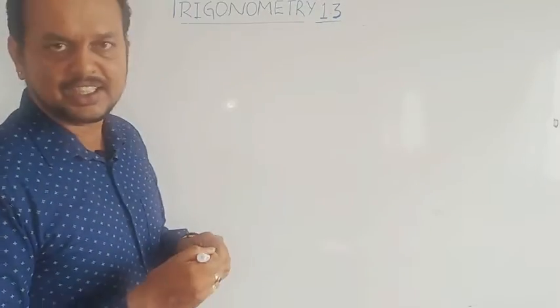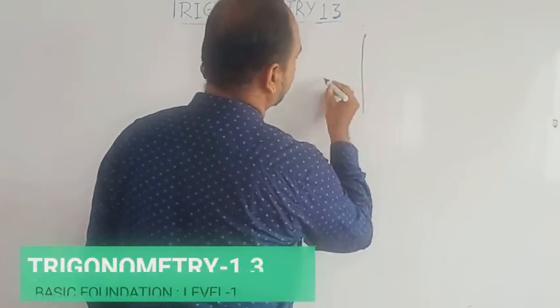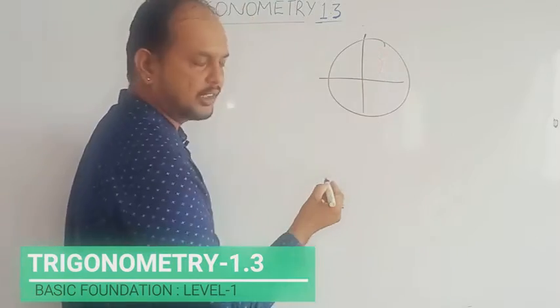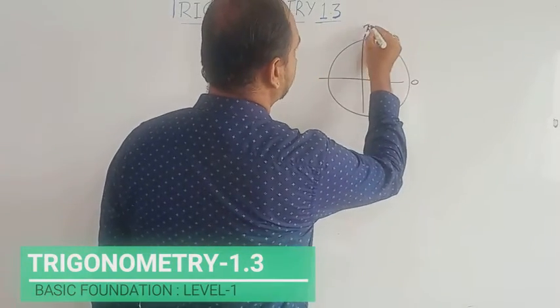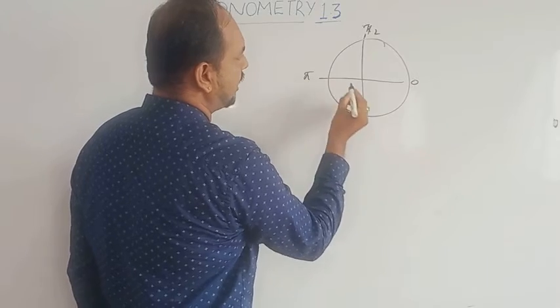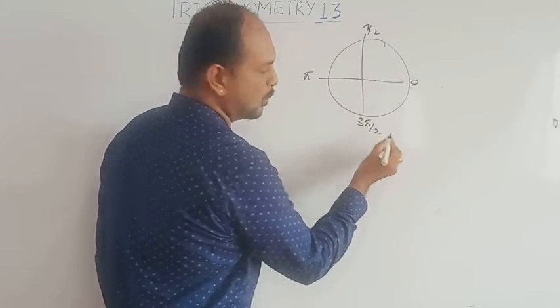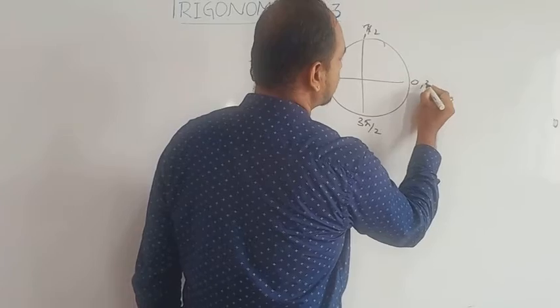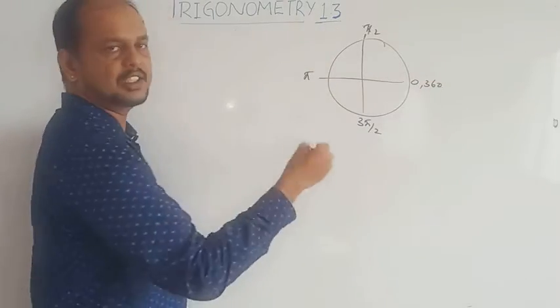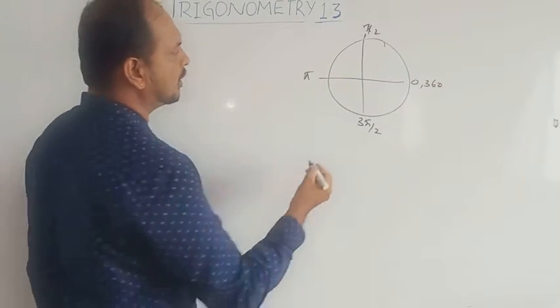So if you consider any circle, we could make out this is 0, this is pi by 2, this is pi, this is 3 pi by 2, and this is again 360, and the circle keeps going.